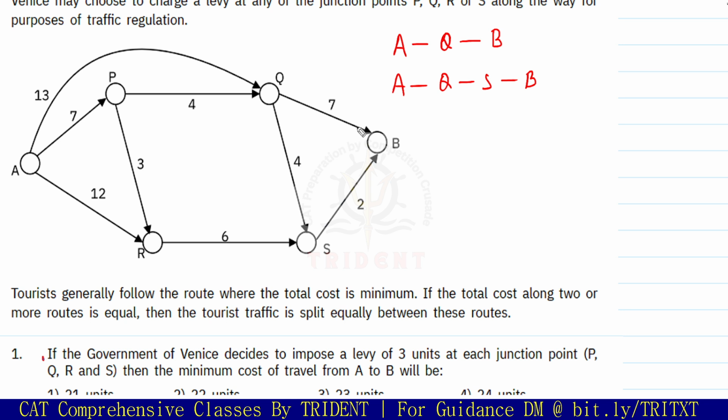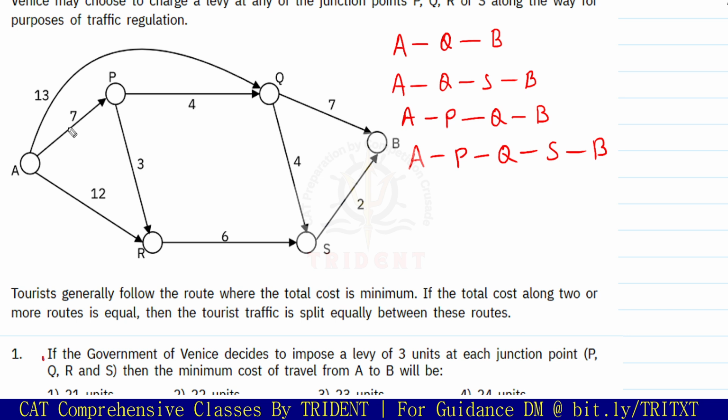All the possibilities are exhausted with Q. Now let's think about A to P. A to P, and then from there you can go to Q, and from Q you can go towards B. From A to P you go, from P you can go towards Q again, but this time from Q to S and then B. I hope that made sense.